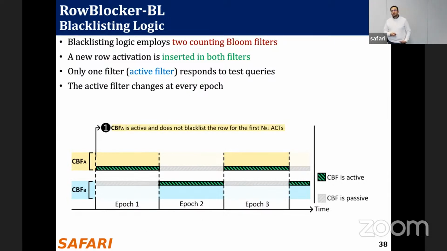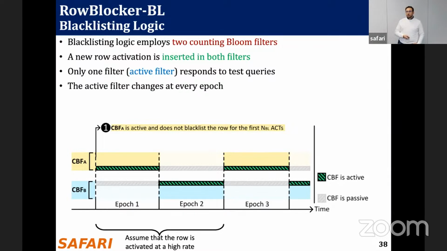So in the very beginning, let's say CBF-A is active and it does not blacklist the row for the first some number of activations. For the sake of this example, we assume that in the first two epochs, the row is activated at a high rate, and then later on it's not at a high rate.